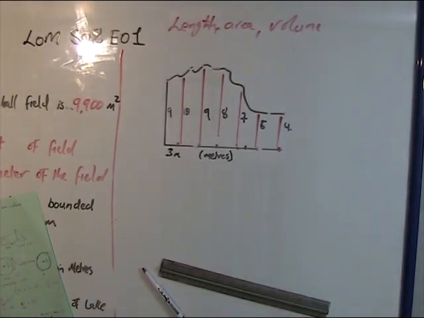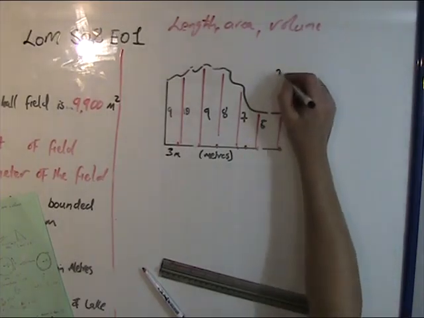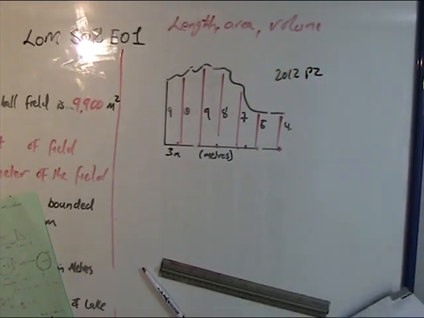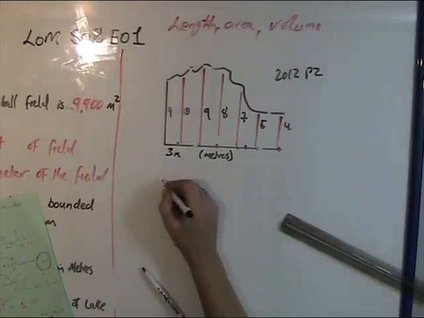Now this is question 12, 2012, paper 2, and it's one of the sample papers. It says the sketch shows the garden of a house. At equal intervals of 3 meters along one side, perpendicular measurements are made to the boundary as shown on the sketch. And it says use Simpson's rule to estimate the area of the garden. Okay, so Simpson's rule is W, the width, over 3.